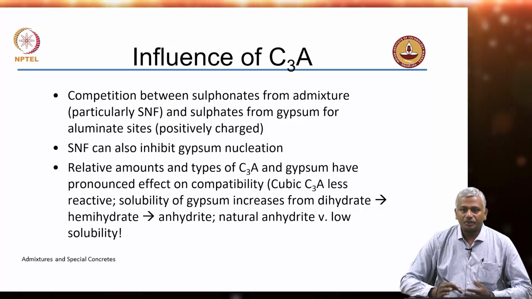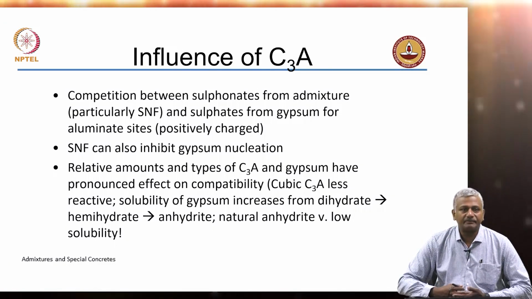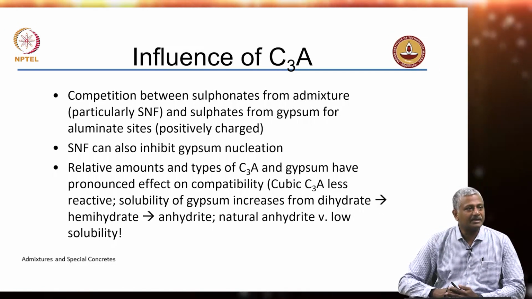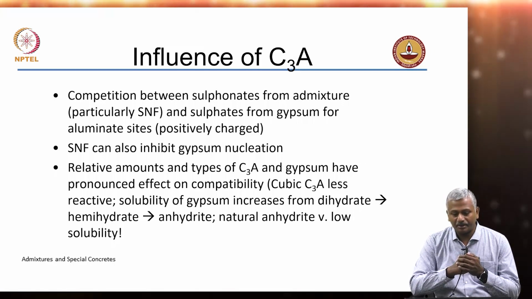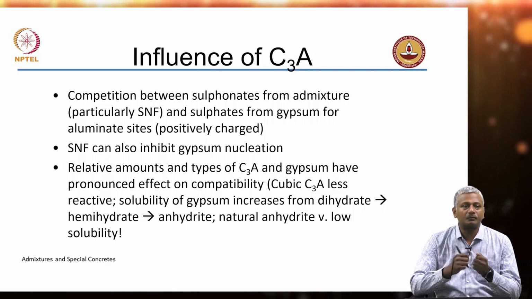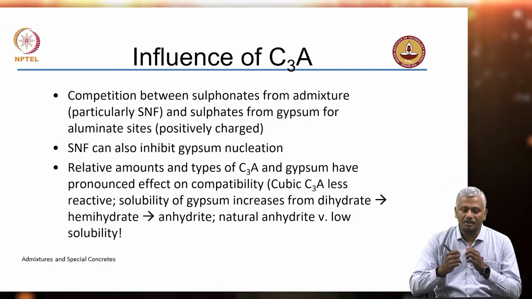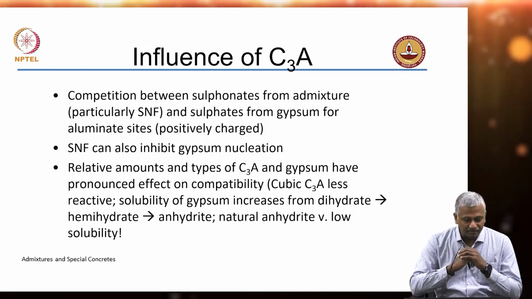So we talked briefly about this previously, that the sulfonate that is available from the SNF or lignosulfonate may have a tendency to start getting attracted to the C3A sites, okay, right. So it's competing with the sulfate from the gypsum, and this competition can produce a very contradictory effect, right.